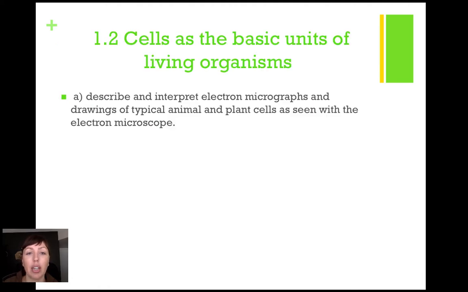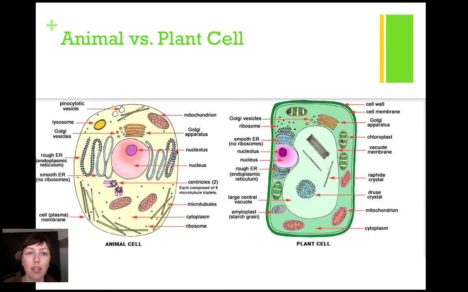Okay, so that's your Cambridge objective, and we will be doing this in lab once lab starts. Okay, so an image you guys should be very familiar with. This is a picture of an animal versus a plant cell. You need to be very familiar with the differences between these two cells. So we're going to be talking about them in the next 3 videos.